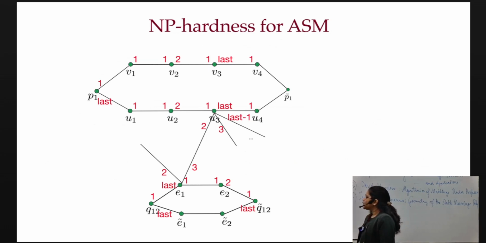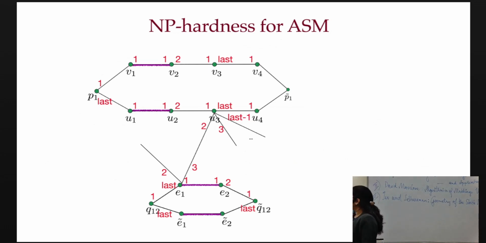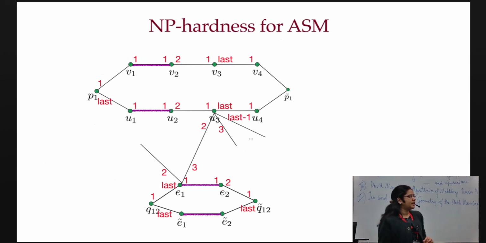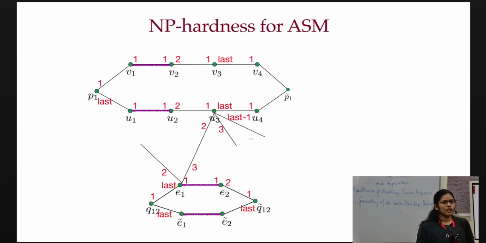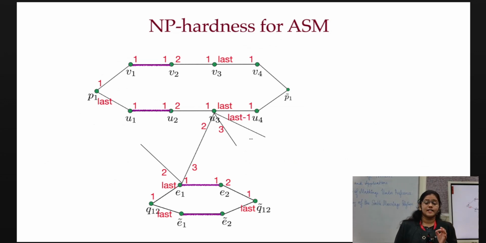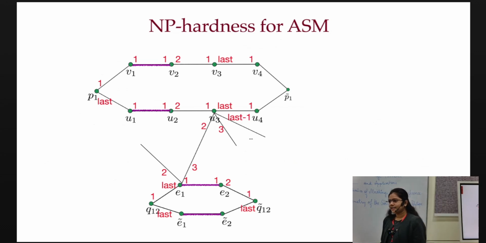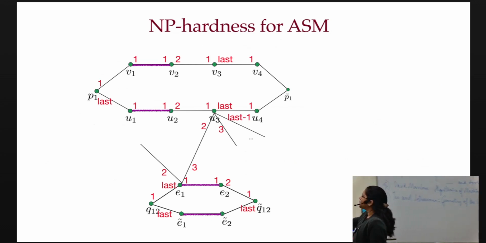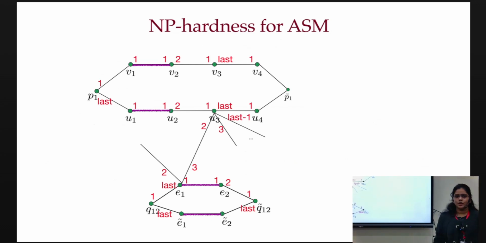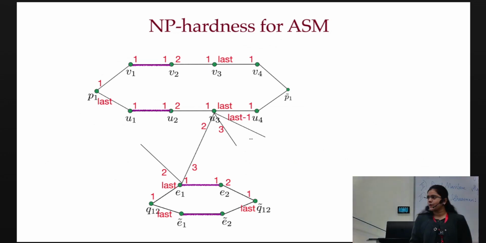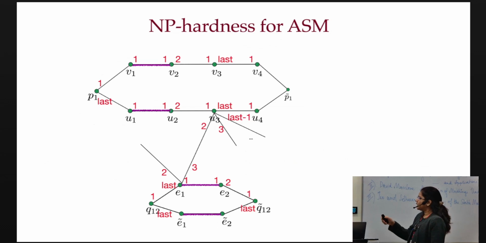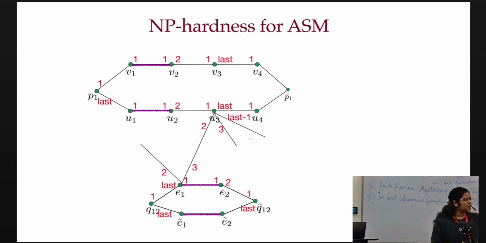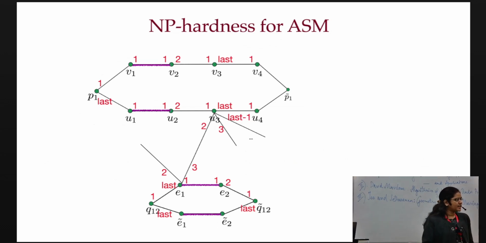If you notice, these purple edges need to be in the stable matching. If this is not in the matching, clearly it is not a stable matching, because V1, V2 are the top preference of each other, so they need to be matched. Now if V1 is matched with V2, this happens with everybody, so P1 is going to be unmatched. There is no choice.